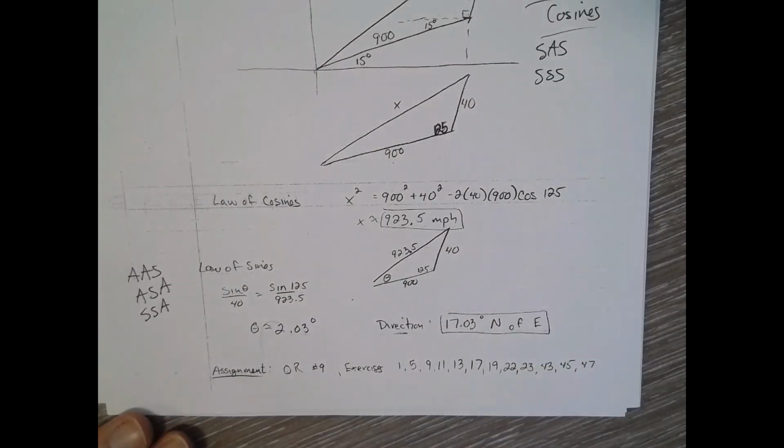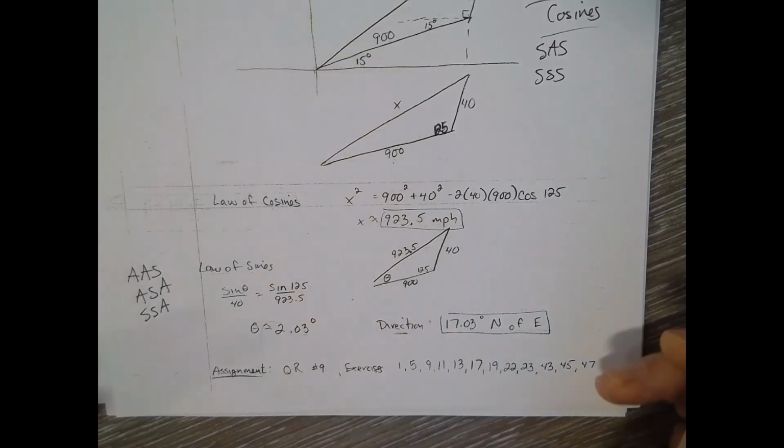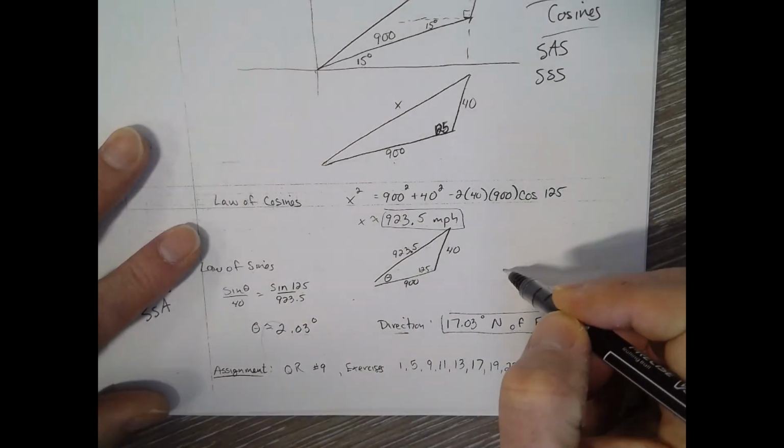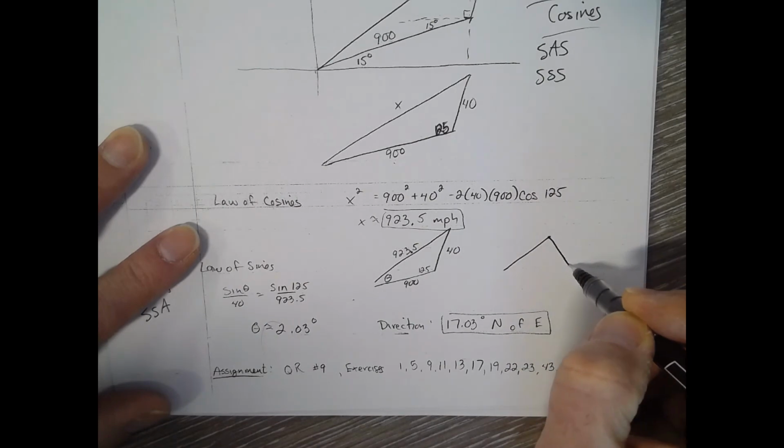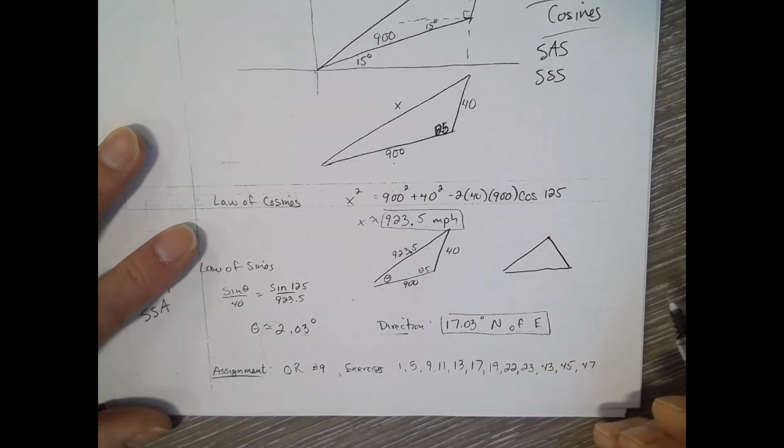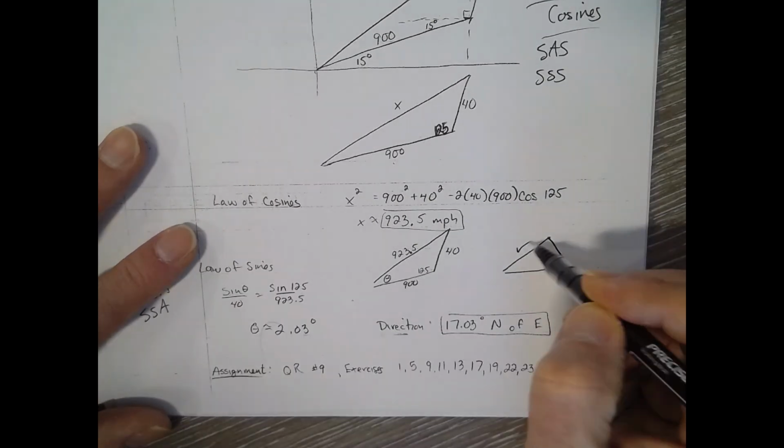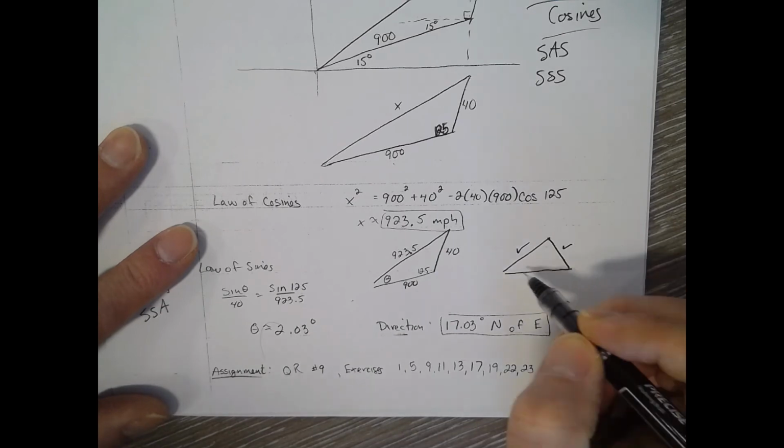But the ASS is a bad word, and it produces bad results sometimes because it actually gives you sometimes one answer and sometimes two answers. And that's based on the math. Like if this was your triangle, and you know this side, and you know this side, and you know this angle right here.